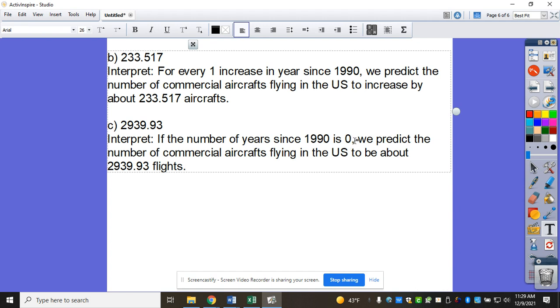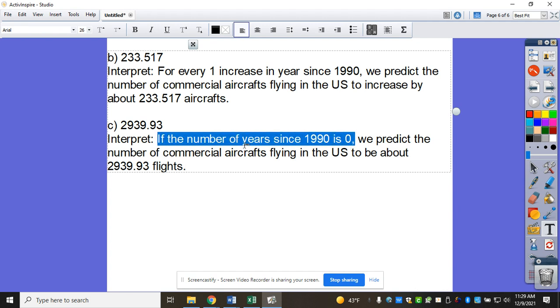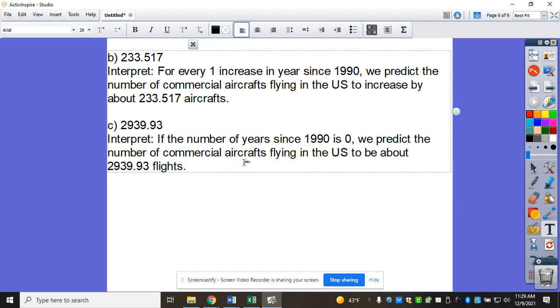What's a different way that you could say this and mean the exact same thing? In 1990, or if it's 1990, or at 1990. So again, you can choose to reword these English-wise to make more sense out of them, and that's fine. But just going with straight interpretation, I want to make sure you understand from that point of view as well.